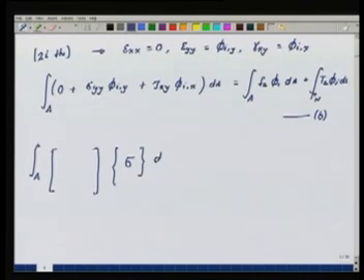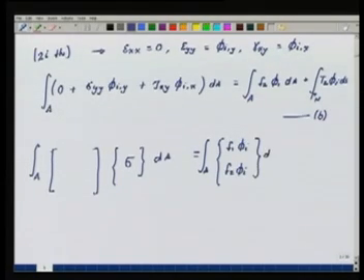This is equal to integral over the area of f1 phi I, f2 phi I dA plus integral over gamma n of t1 phi I, t2 phi I ds.